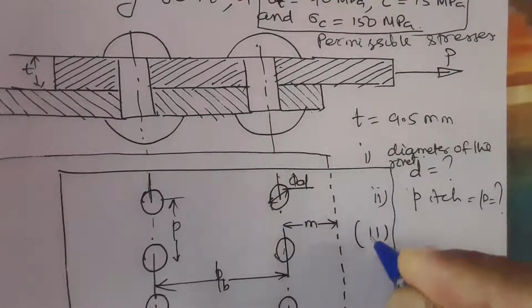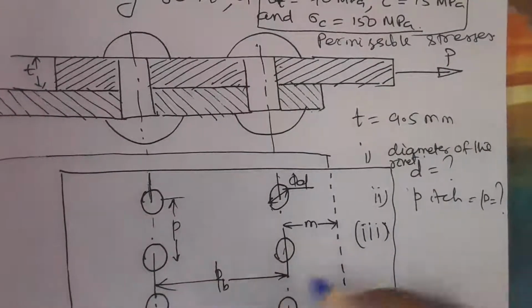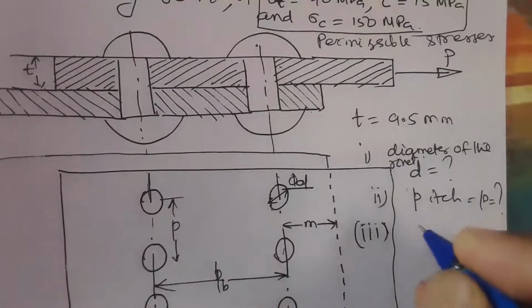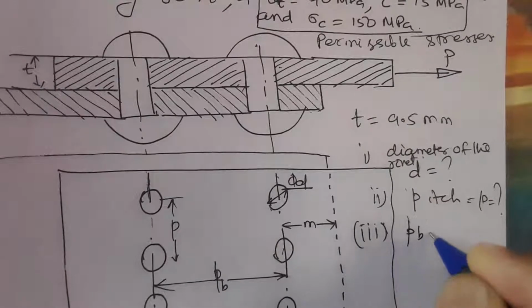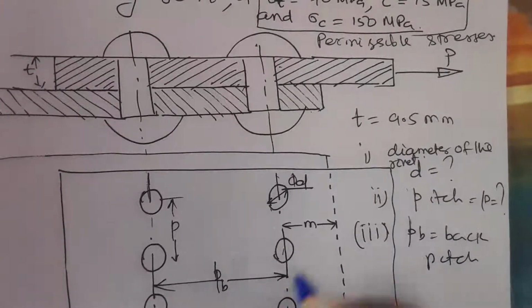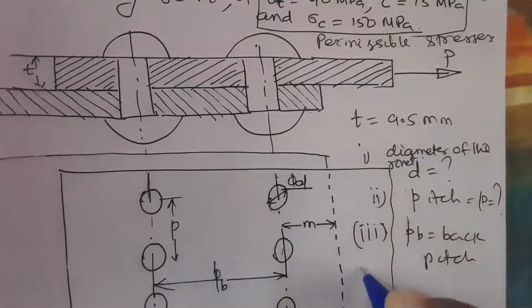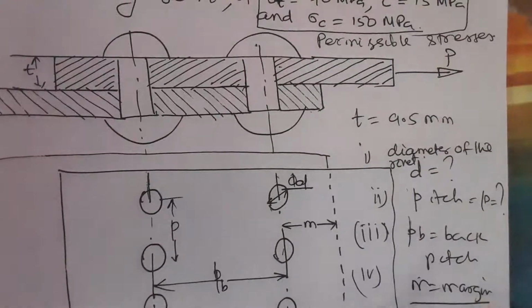If it is chain riveting, we have to know the back pitch, that is, the distance between two successive rows of rivets. So what is the back pitch? And we also need the margin m. So these are the design parameters: the pitch, the back pitch, the margin, and the diameter of the rivet.